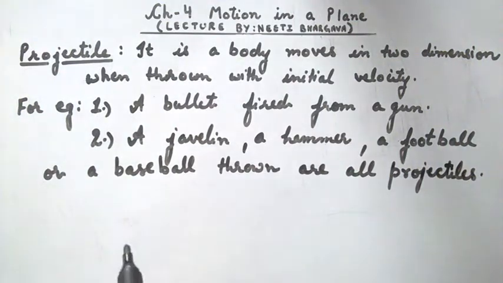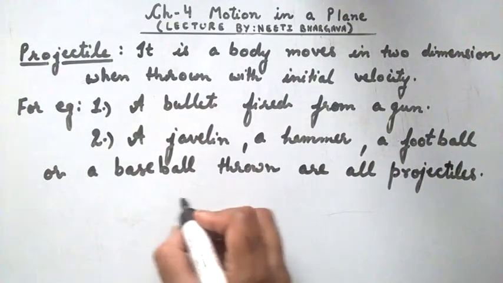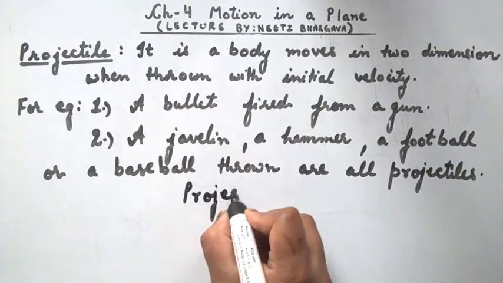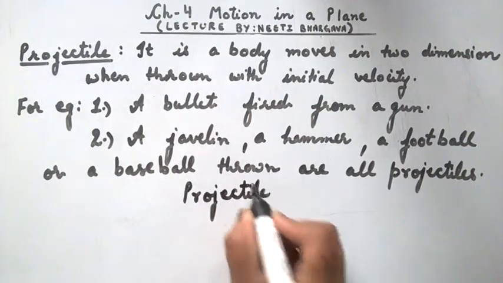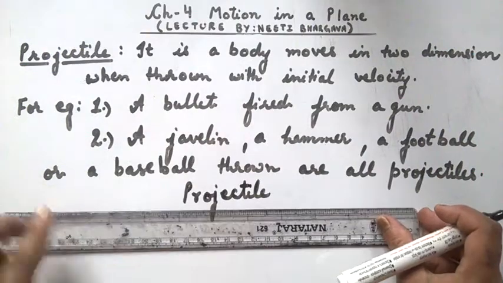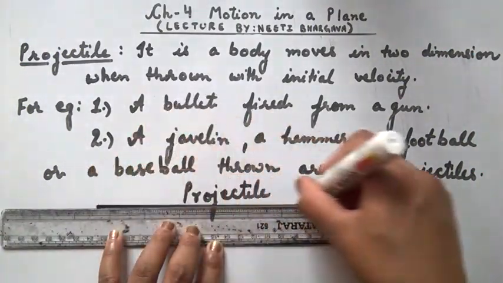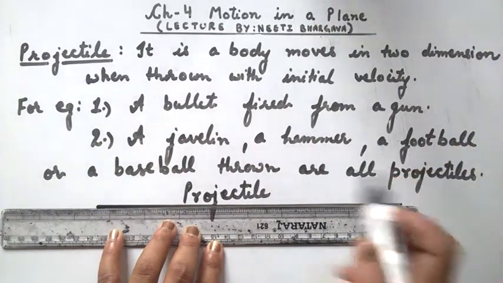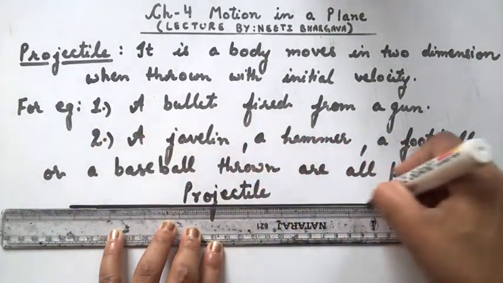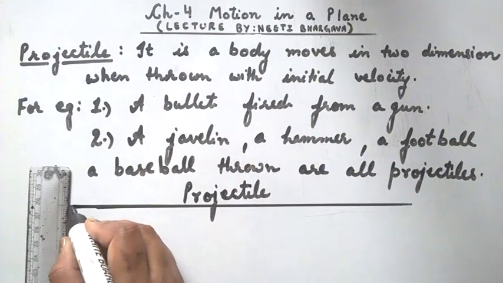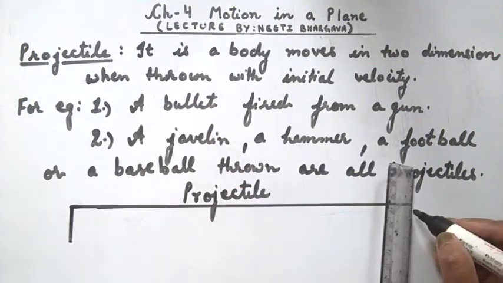And so on. Projectiles are of 2 types. First is horizontal projectile, another is angular projectile.